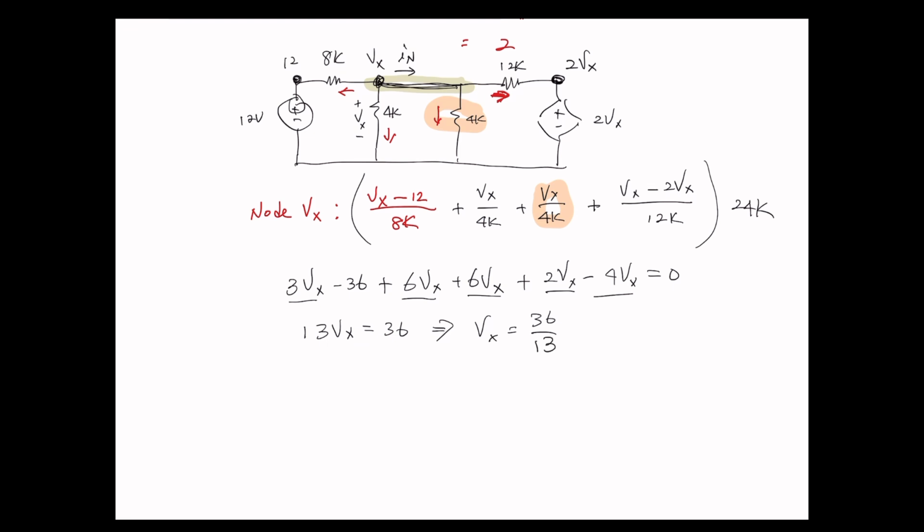Now we need to find I in. I in is going in that direction, so we want to do KCL at Vx. They are all leaving: I sub n plus leaving Vx minus 12 over 8K, and another leaving Vx over 4K, equals 0.